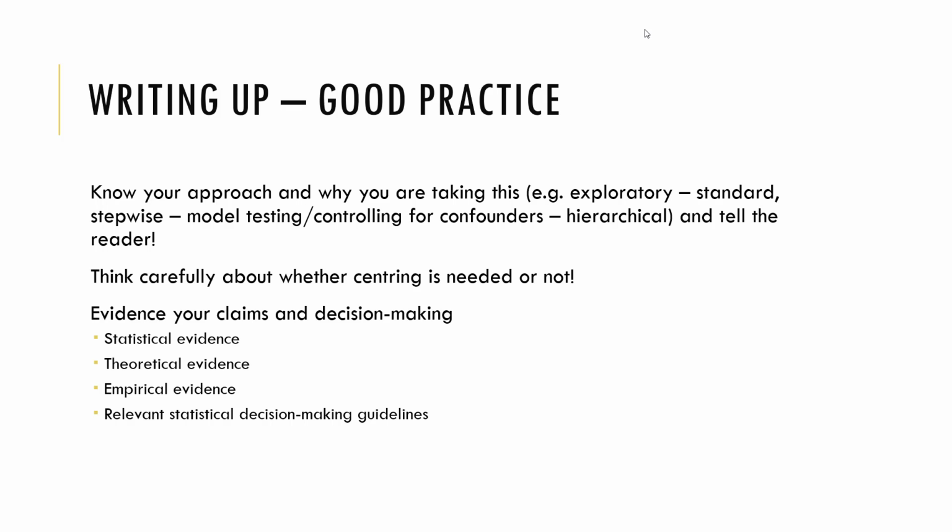And if there are really clear or contentious points in the literature, like the example on interpreting heteroscedasticity, where I had to really eyeball the data and decide how to handle it, make sure that you evidence your decision making using the guidelines you followed and the approach to assumption checking you've used, and that can give the reader more confidence in the decisions you've made. You can see there's a precedent for doing that. It hasn't just been to make a significant effect significant, whereas if you took another approach, it would be non-significant.